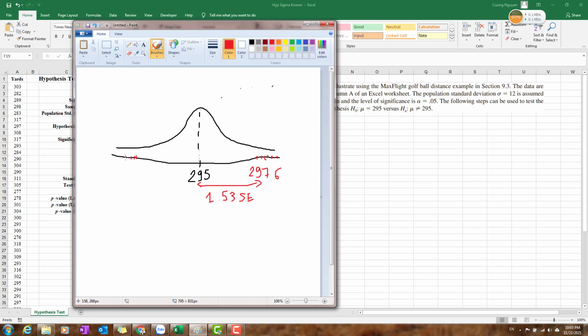Because the normal distribution is symmetric, it would be minus 297.6 over here too. And for this area, if this one is A, this one will be A star, for example, and they will be the same.